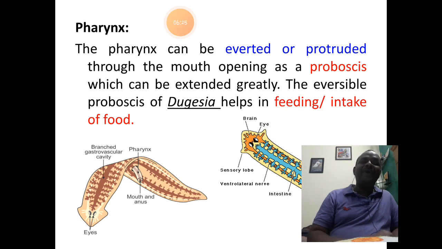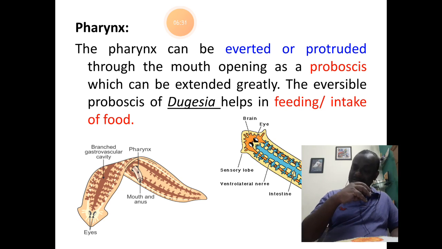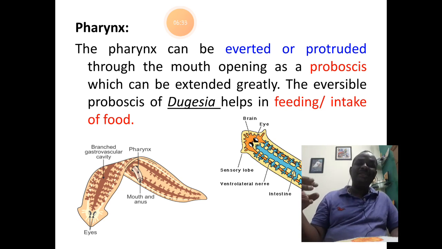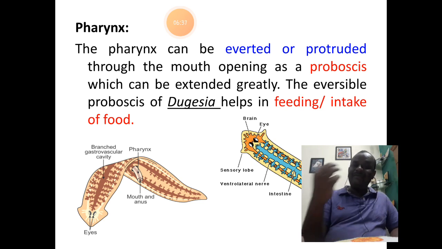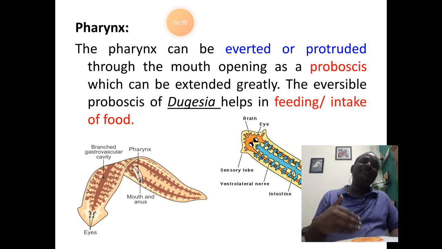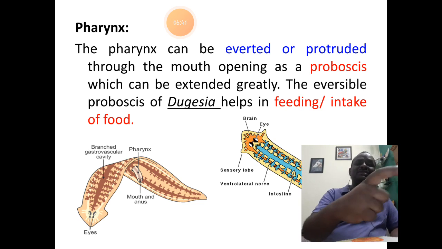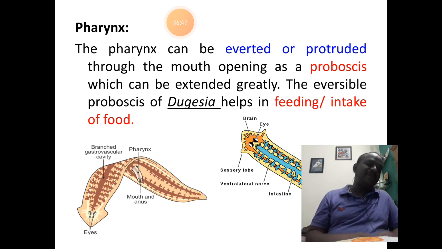Hence, the structure of the pharynx is also called the proboscis. As long as the mouth structure and pharynx are within the body of the animal, we cannot call it a proboscis. But when the pharynx comes out of the body for feeding, it looks like the proboscis of an elephant. So that's the importance of the proboscis or the pharynx structure.